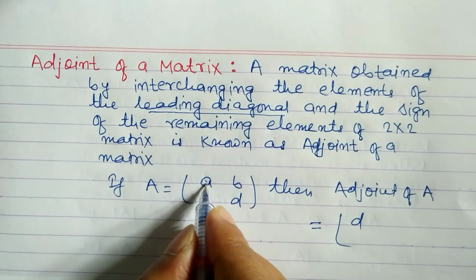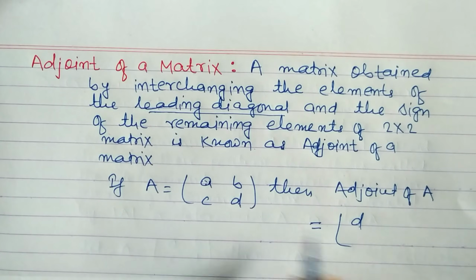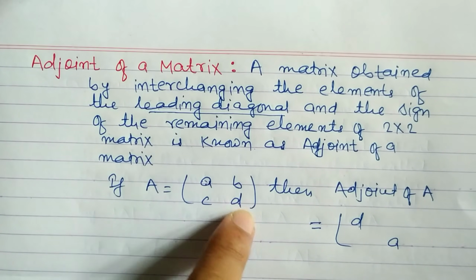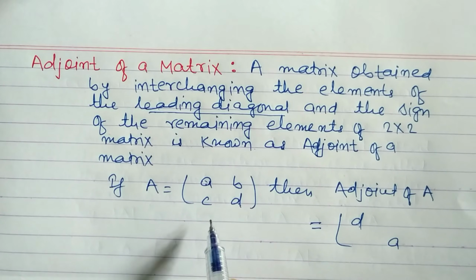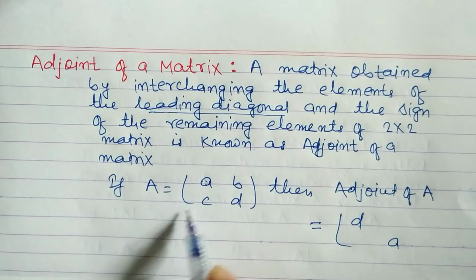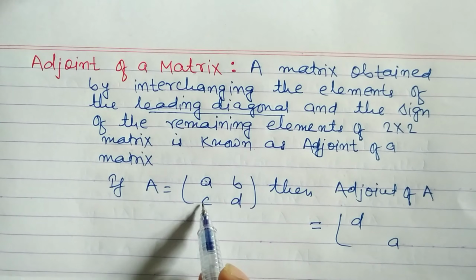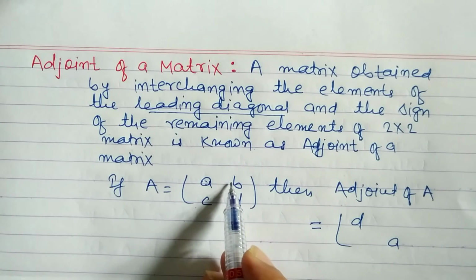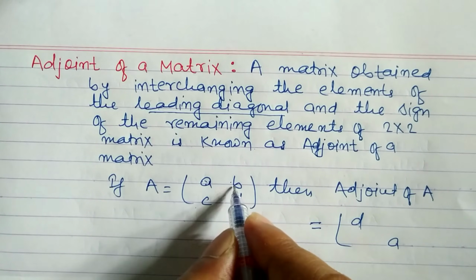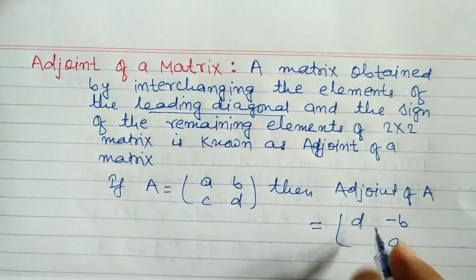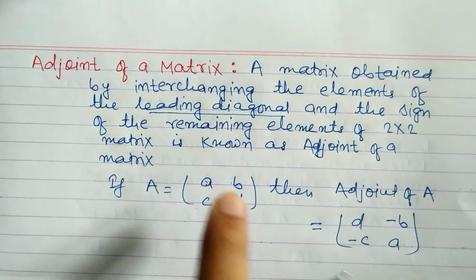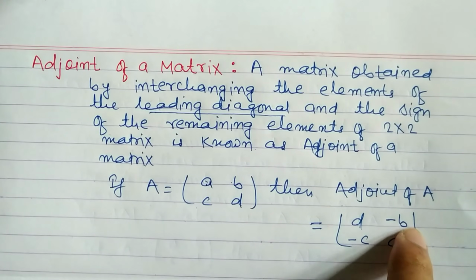In the place of A we have to write D, and in the place of D we have to write A. Interchange A and D. And the sign of the remaining elements: we have to change the sign of B and C. If positive, we have to write negative. Here is plus B, so we write minus B. Here is positive C, we write negative C. But if negative, if minus B, then we write plus B.